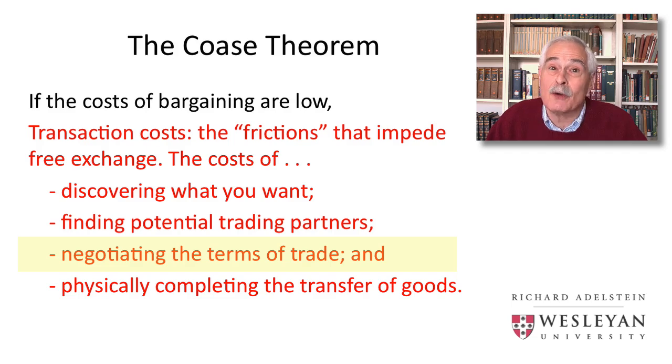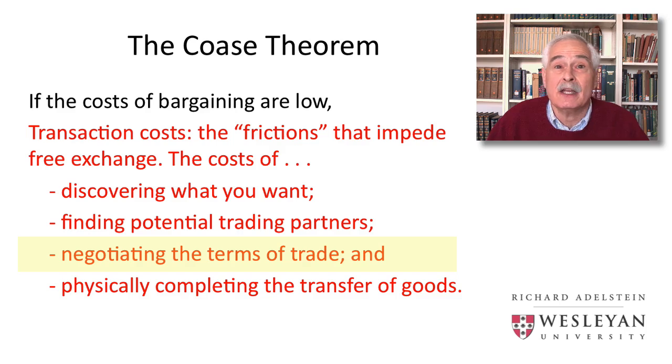Once one knows what one has and what one wants, and once one has discovered some potential trading partners, then the terms of trade have to be negotiated. We had Hamilton and Jefferson sell a property right between them for $300, and we simply arrived at this figure rather easily. In the real world, of course, there'd be some negotiating.